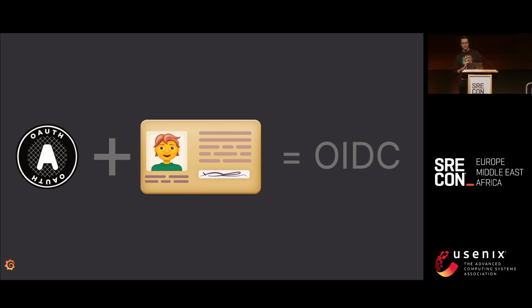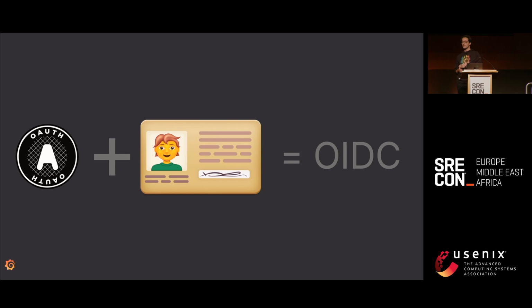OAuth 2.0 came later as an authorization framework. It allows applications to access resources on behalf of a user without the user sharing their credentials with the application. As an application, you receive what's called an access token, and you supply this back to the originator to access resources as the user. Neither of these standardize a way to access information about the user.